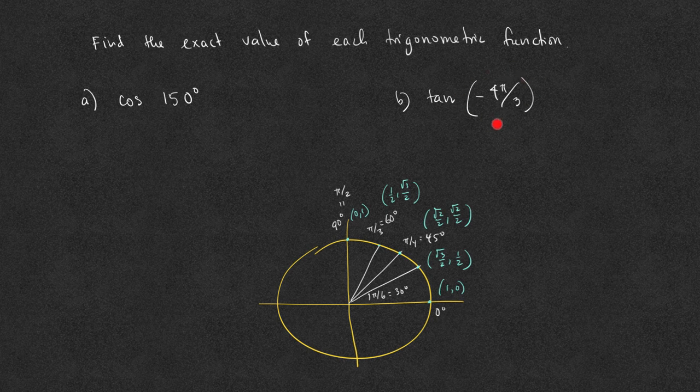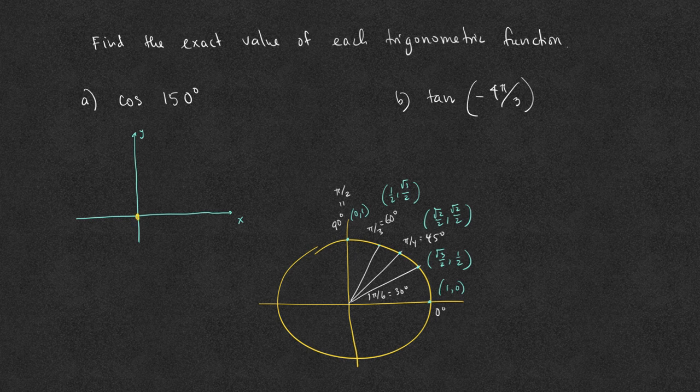Negative 4 pi over 3 is a multiple of pi over 3, 4 times pi over 3 negative, and so we will be able to evaluate the exact values. We just need to know which quadrant each of the angles is located in so that we can obtain the appropriate sign as well, whether it is positive or negative.